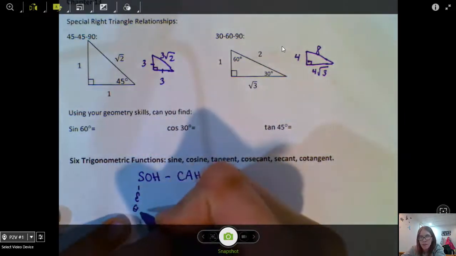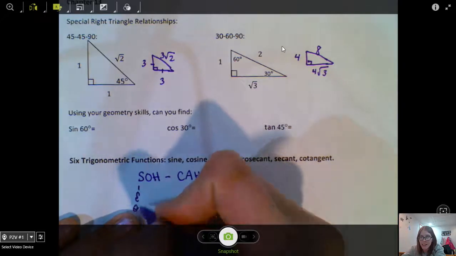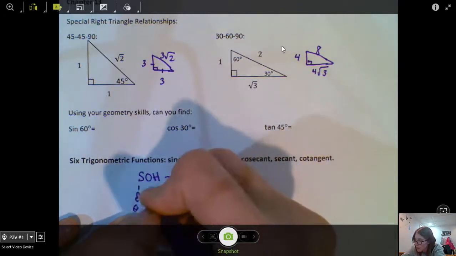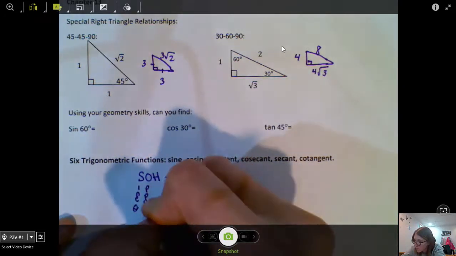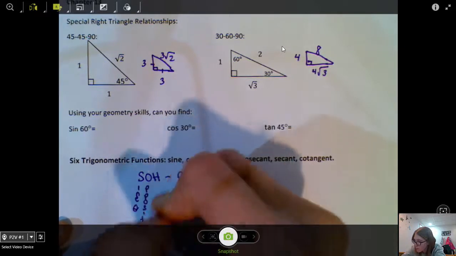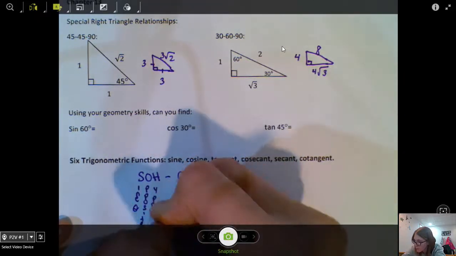Okay. And this symbol here is theta. It represents an angle. So the sine of an angle equals the opposite over the hypotenuse.